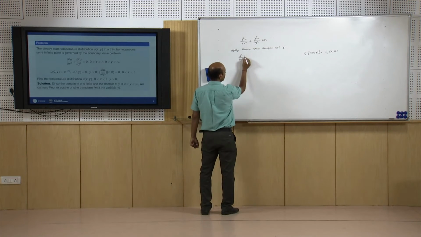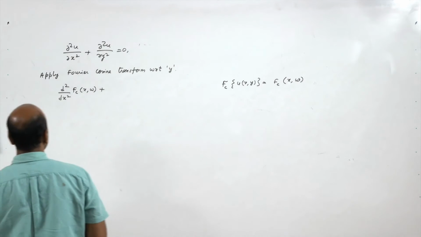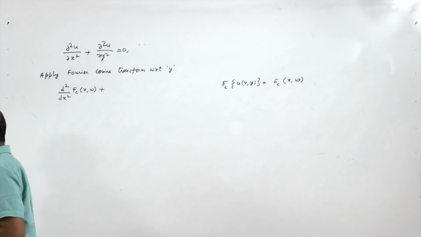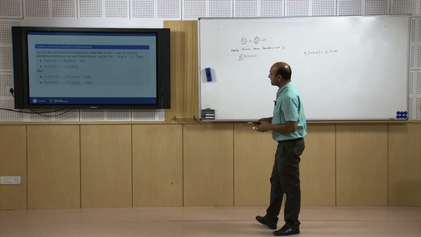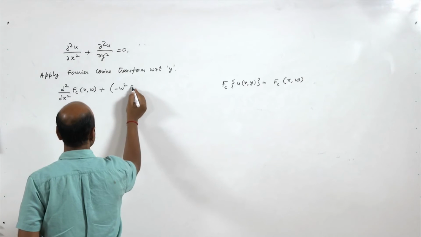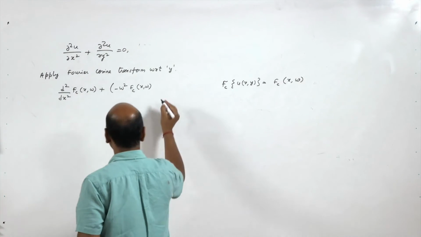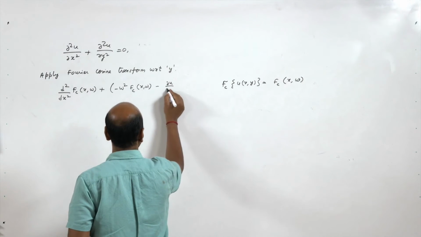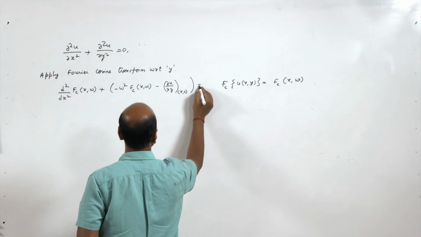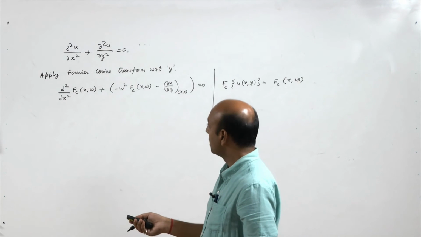So, it will be fc(x, omega) plus, now, when we apply the Fourier cosine transform here, we will apply that result, that is minus omega square fc(x, omega) plus and minus del u by del y at y equal to 0, that is at (x, 0), equal to 0. This condition we have applied for the Fourier cosine transform.